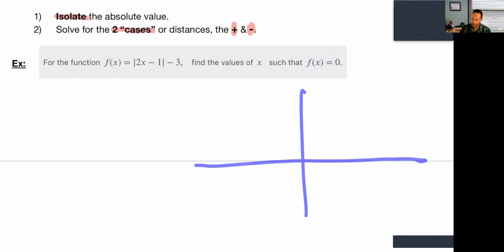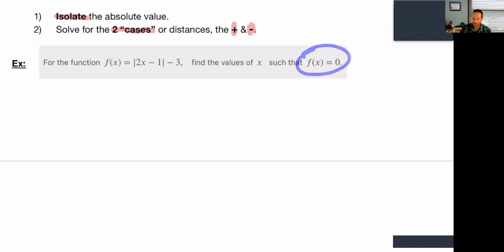Graphically, that means we're somewhere here, either here for this x or this x or this x or whatever. Let y equal 0. Change the f of x to what it's equal to. Then that means we're dealing with this: 2x minus 1 in my absolute value minus 3 is equal to 0.